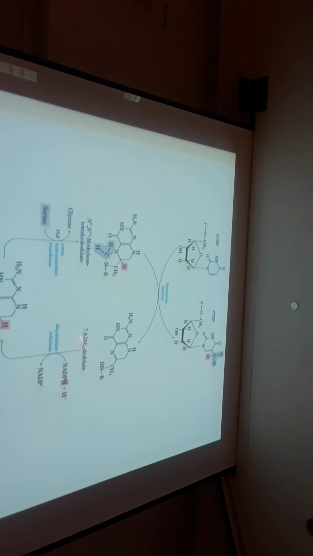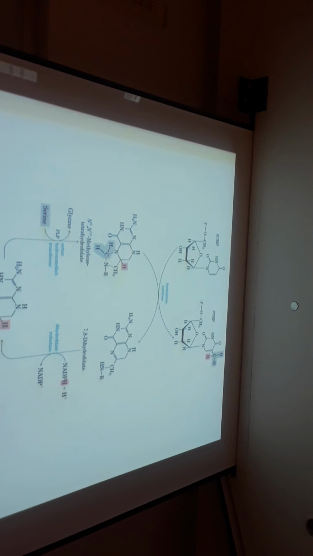So here, in order to produce the active form of our cofactor, we need this enzyme again, dihydrofolate reductase, which utilizes NADPH, to fully reduce dihydrofolate to tetrahydrofolate. Okay, so here's another example where dihydrofolate reductase is important, namely in the synthesis of thymidylate.